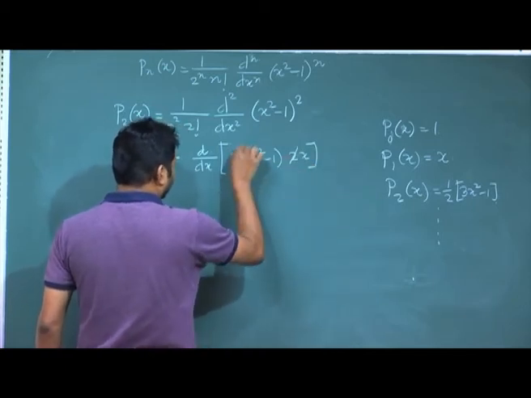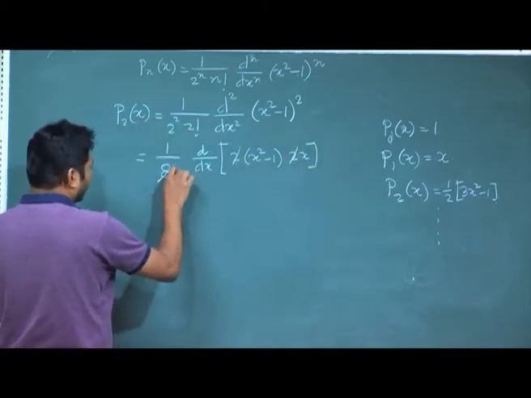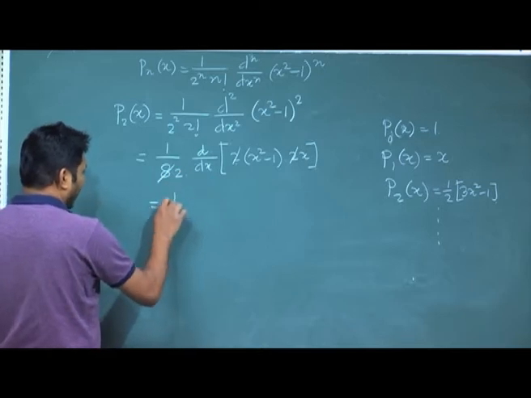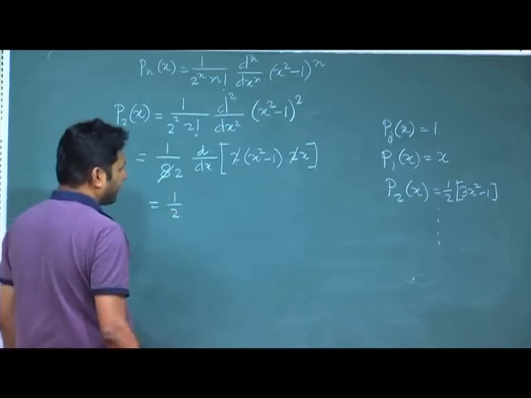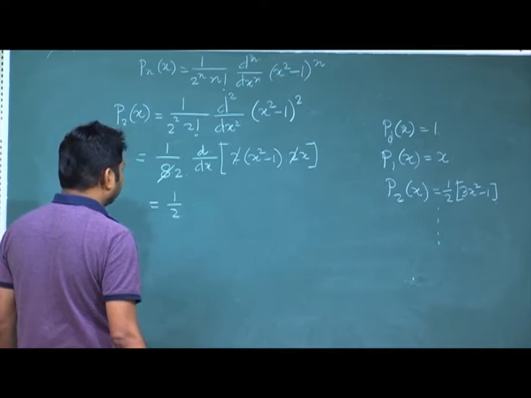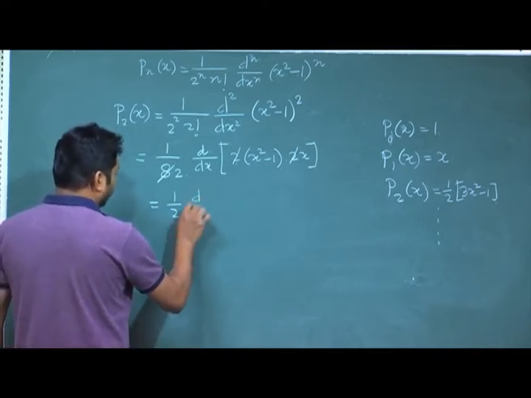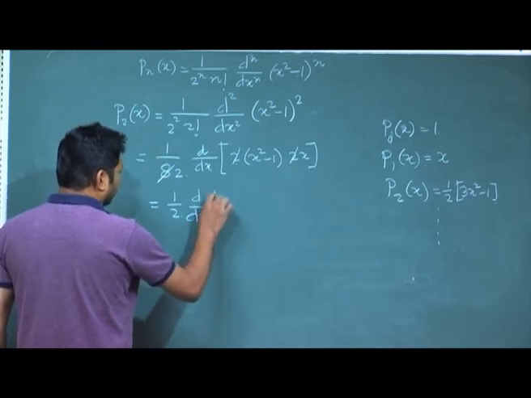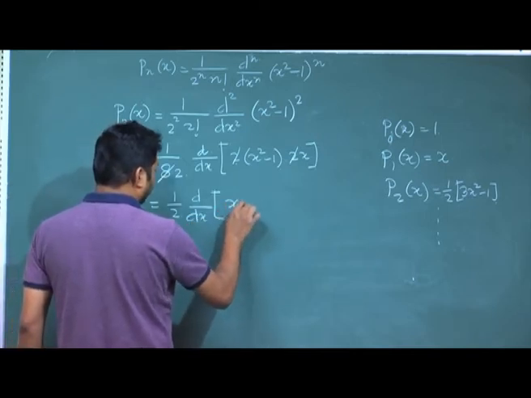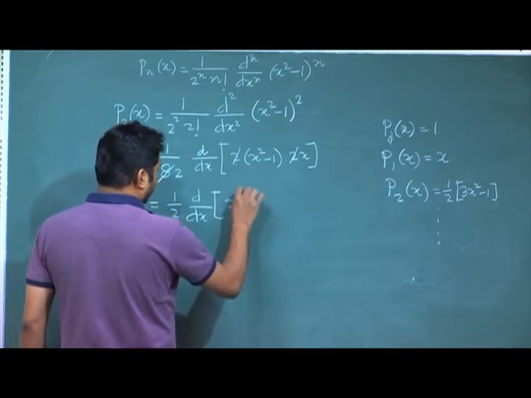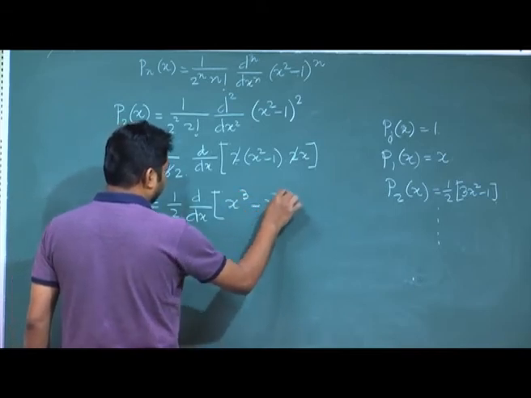So this 2 will cancel out and it will be half, d by dx of x cube minus x.